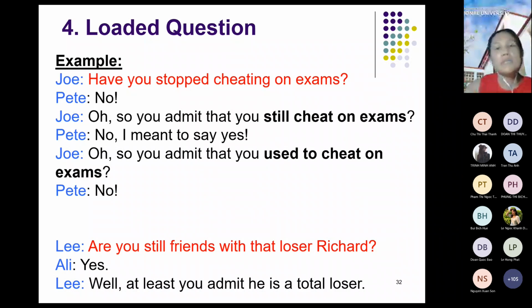We can recognize this kind of mistake because it is in the form of a question, but it is not really a question, because people try to load negative information onto you. In such a case, it is a fallacy, and we know how to get out of it. You can stop them by saying, at first you are making a loaded question, and I will respond to it anyway: yes, we are very best friends, and he is not a loser at all. So that is how we deal with number 4, loaded question here. And remember, that is a mistake we need to avoid.